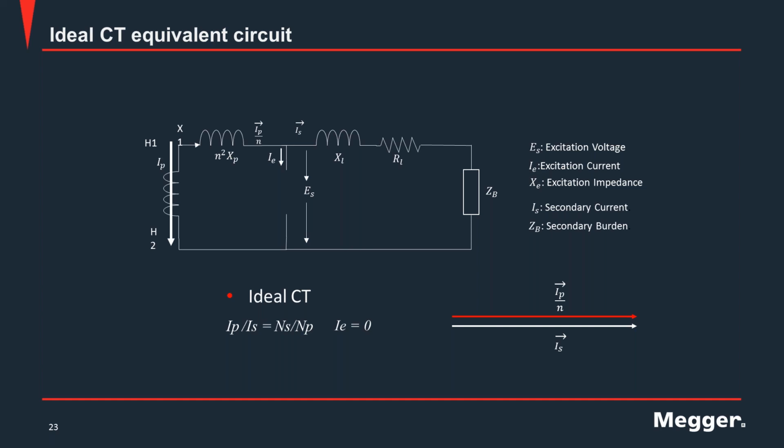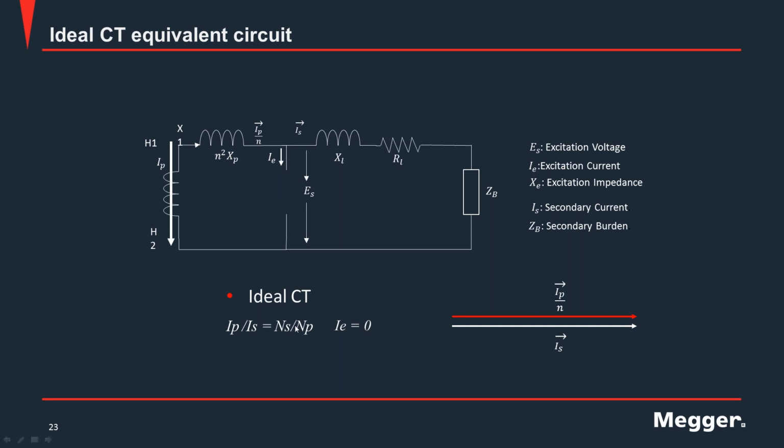Now, before stepping on to the ratio test, I would like to discuss first the CT equivalent circuit, or the ideal CT equivalent circuit. For an ideal CT, what we mean is that there are no losses, no losses which correspond to excitation current. As you can see in the diagram, excitation current cannot flow anywhere because it has no connection here. So this circuit displays an ideal CT equivalent circuit.